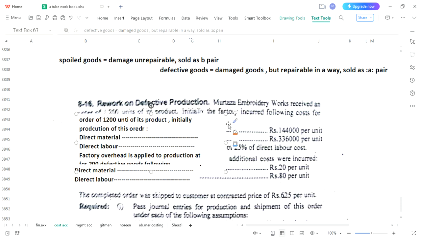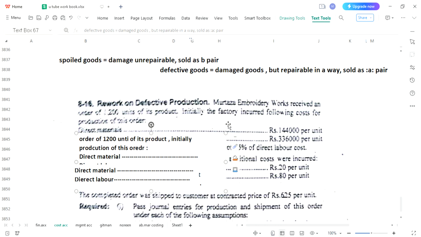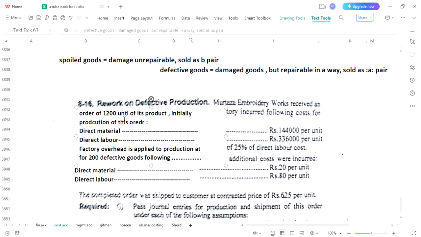You can see that everything is written there but a little blurry, and for me it is readable: order of 1200 units. So I have written that statement, order of 1200 units, over here. Again there is a spelling mistake. An order of 1200 units of a product initially incurred the following costs.